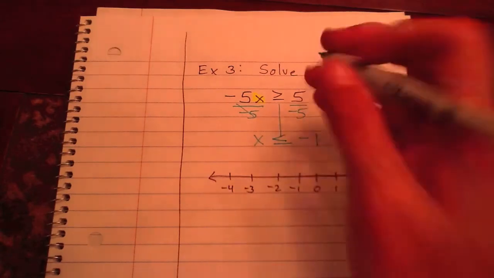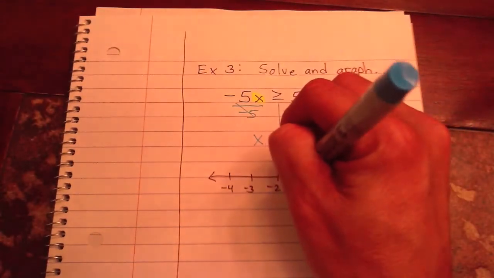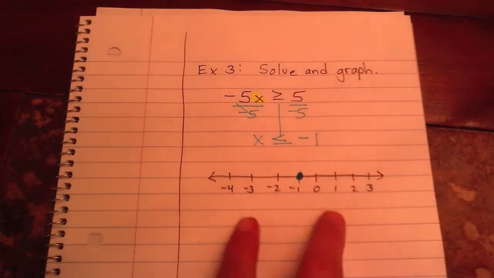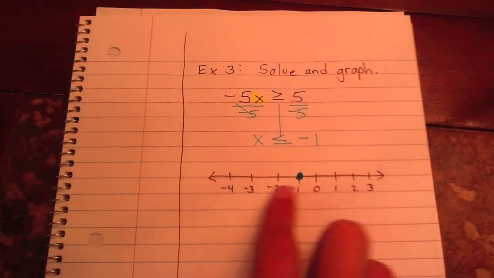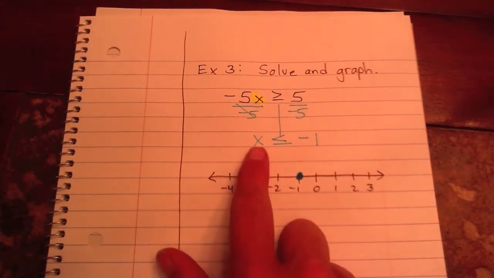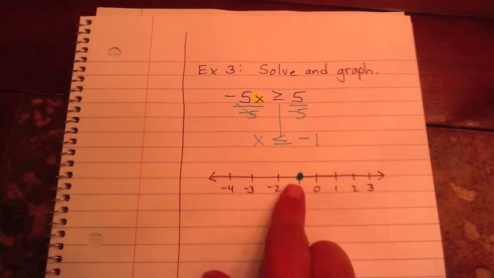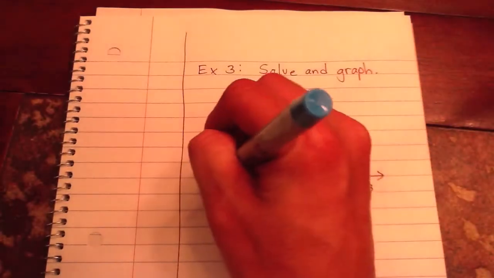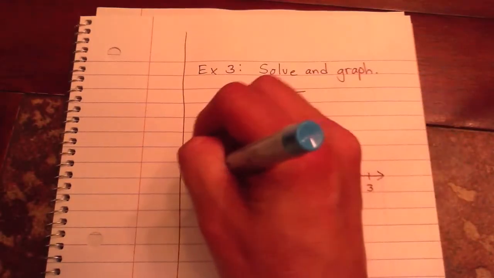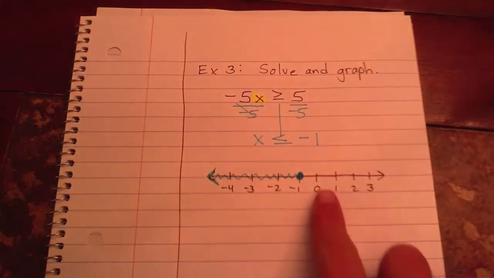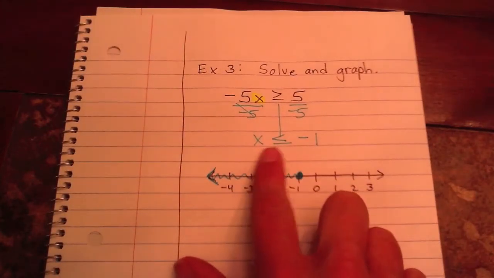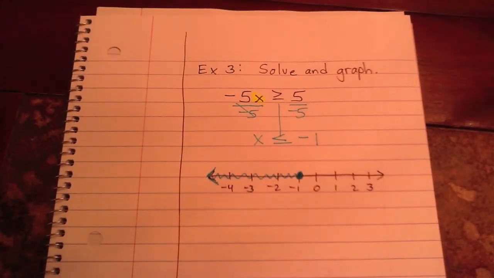It should be a closed dot on negative 1 because it's part of the answer. Now try a number you think will work. Try something like negative 3. Is negative 3 less than or equal to negative 1? Yes, it is. So this is your shaded side. If you were to try a number over here, it wouldn't work. Is 1 less than or equal to negative 1? No.